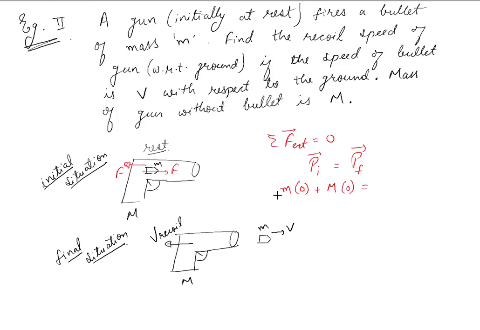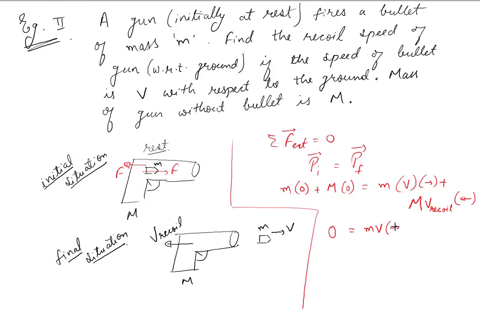So the initial momentum of the system is equal to 0, and the final momentum of this bullet is mass of bullet into its speed, which is in this direction, and the final momentum of this gun is equal to mass of gun into velocity of gun, but we have assumed that this velocity is in the opposite direction of the velocity of bullet.